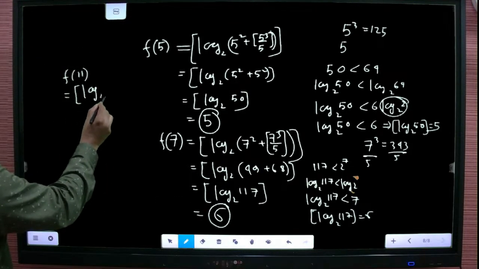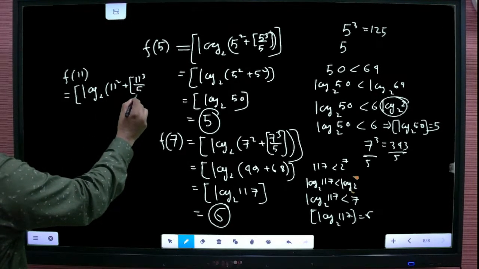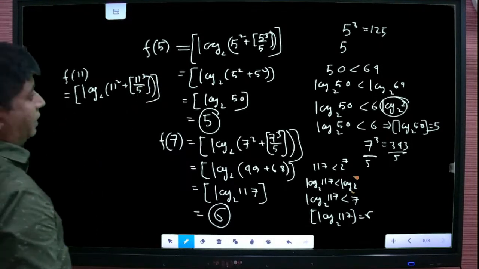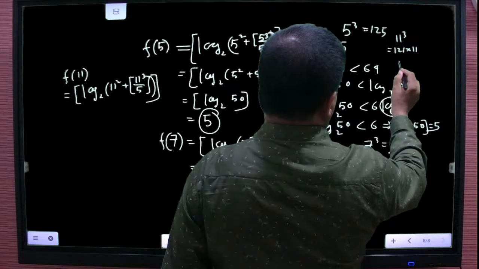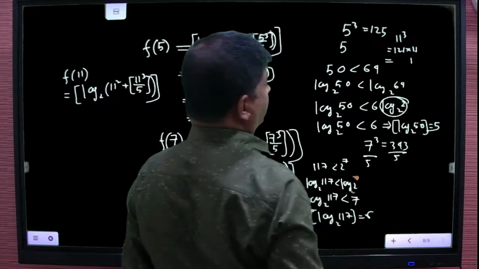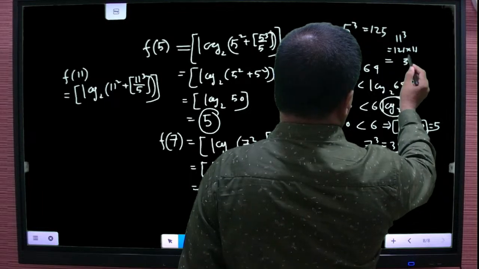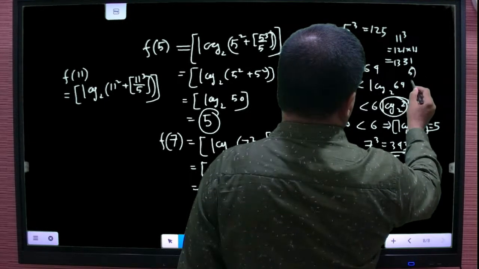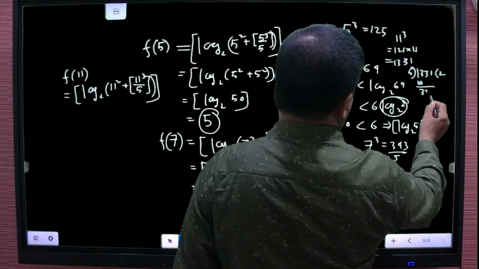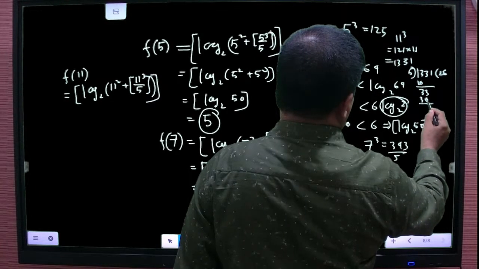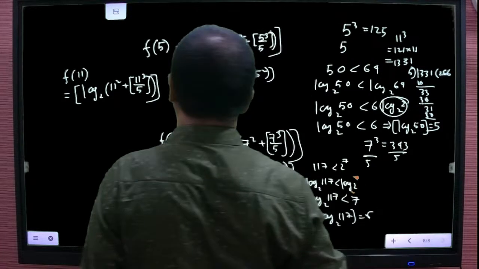Log base 2 of 11 square plus box of 11 cube by 5. 11 cube means 121 into 11, that is 1331, divided by 5 is 266 point something.